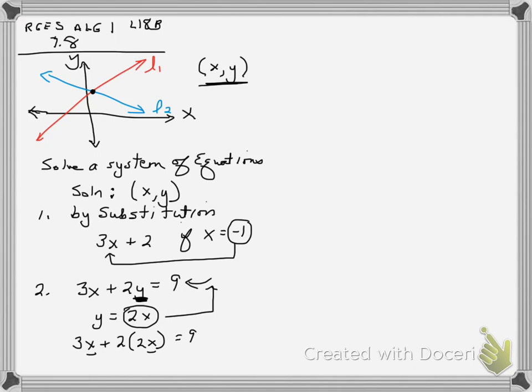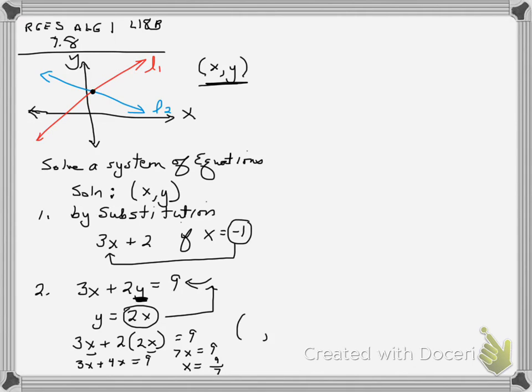Well, you can solve that. You've always been able to solve that for quite some time now. Okay, so we'll say 3x plus 4x equals 9, 7x equals 9, and x equals 9/7. So now remember my solution is an ordered pair.